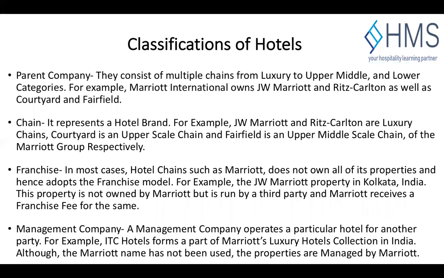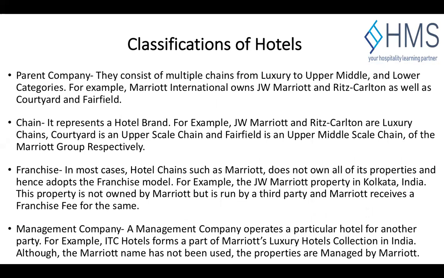Now, classification of hotels. We need to understand that there's a parent company, there's a chain, and then there's a franchisee model and a management company, as I mentioned before. Your parent company consists of multiple chains from luxury to upper middle and lower categories. To understand the concept of parent company, take the example of Marriott International.